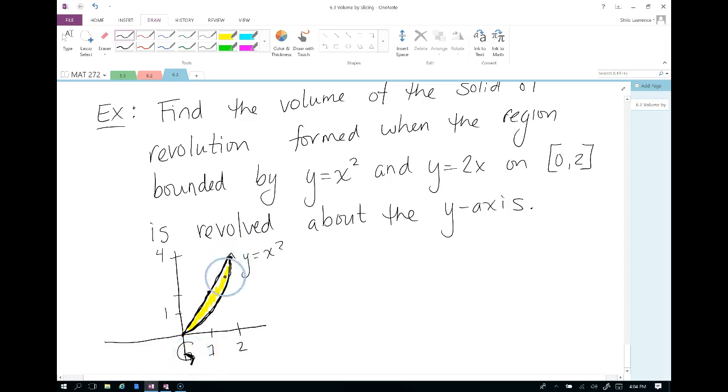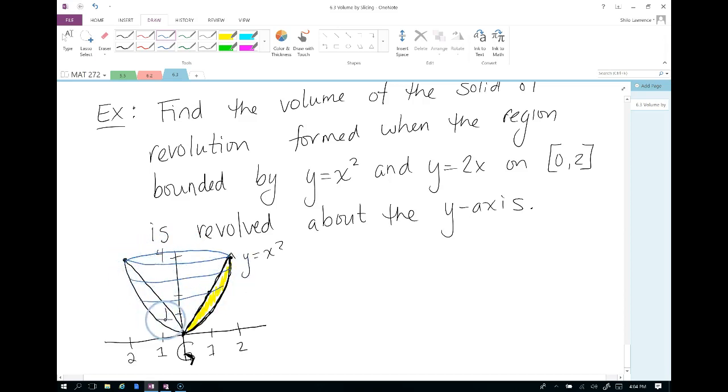Now when we start to revolve this around the y-axis, when we get to 180 degrees, we will have the reflection of it. So we will have a straight line that goes from 0, 0 to 2, 4, and then we'll have our parabola. And then it's going to have circular cross sections.